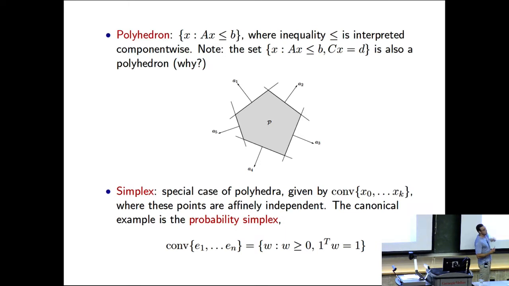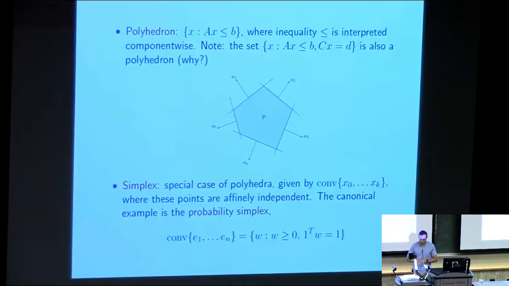But I was asking why this is still a polyhedron. Fold A and C into a single matrix and B and D into a single vector, and it will still preserve the form of Ax is less than b. Almost. We can also convert it into equal. Right. Exactly. So I can write this.